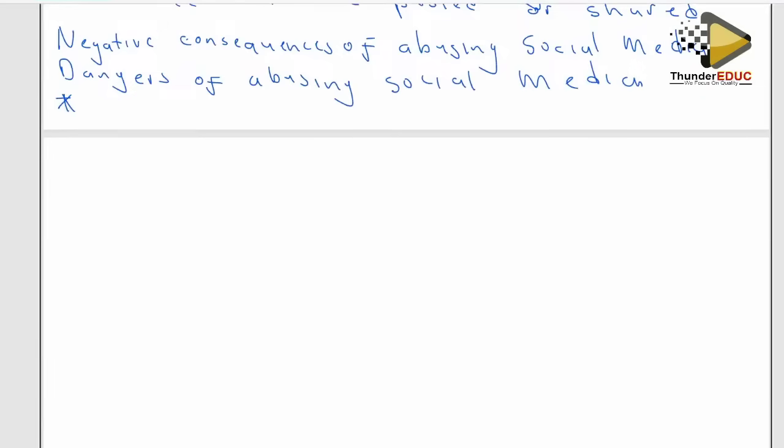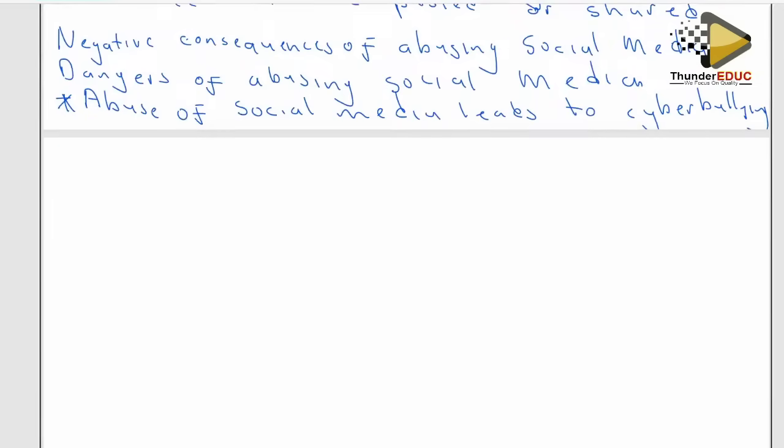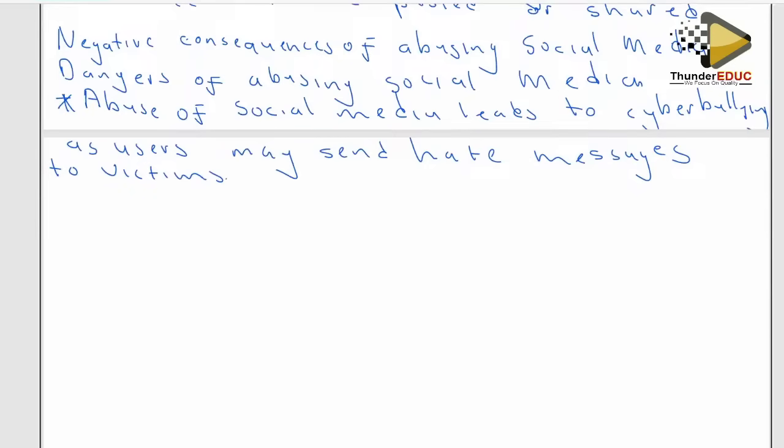So the first danger: abuse of social media leads to cyberbullying, as users may send hate messages to victims, which causes serious psychological damage. This causes serious psychological damage to the victims.